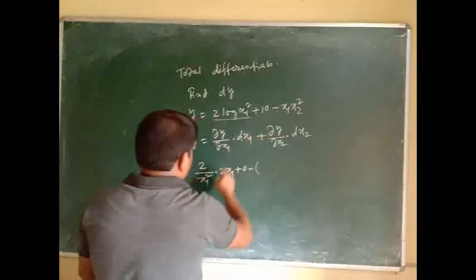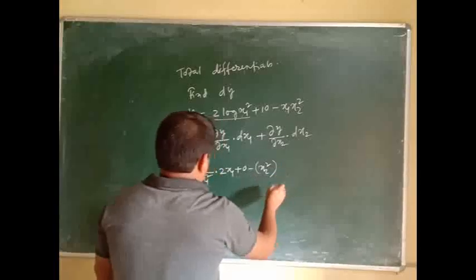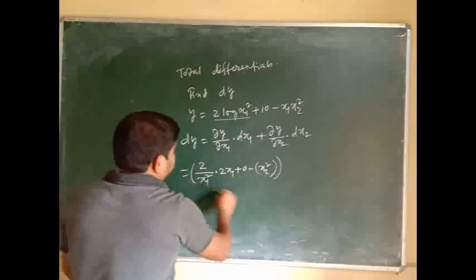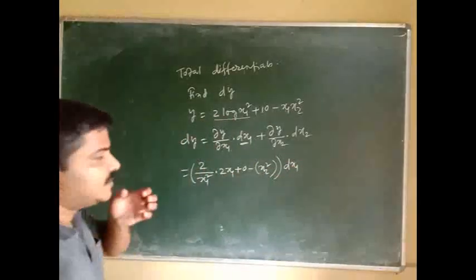With respect to x1, we have only x2 square, and that is multiplied by dx1.